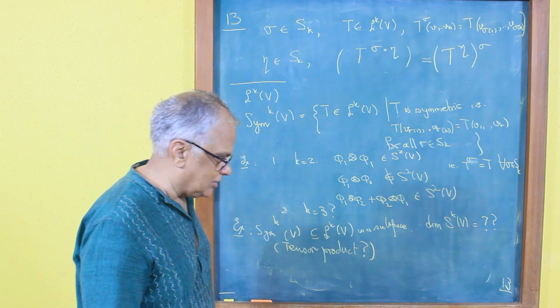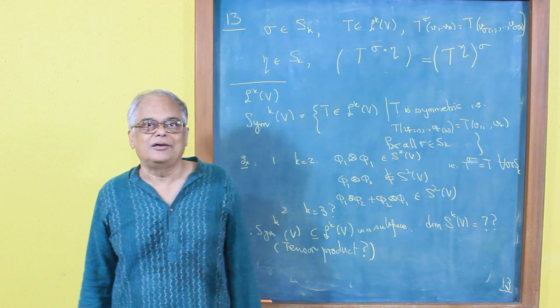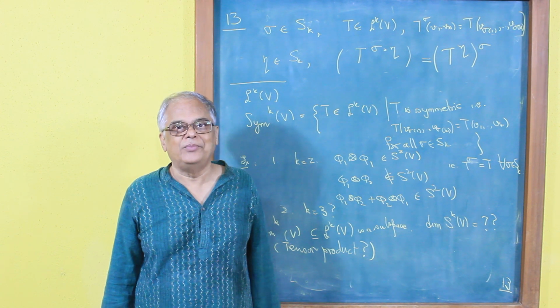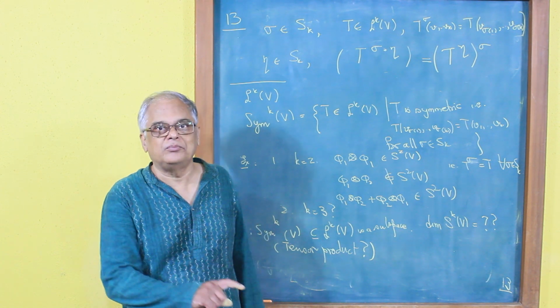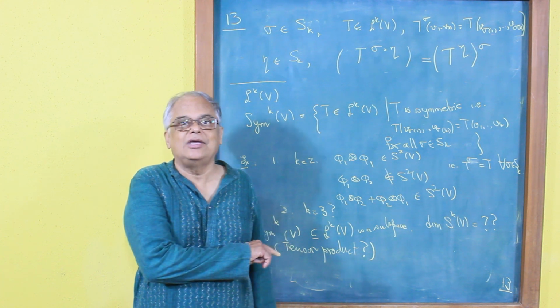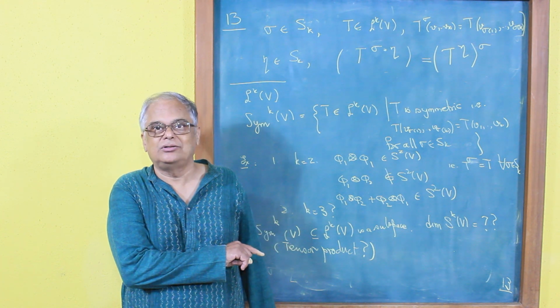And this is another very fundamental idea, that even if something does not behave very well, what is the meaning of behaving well in this context? Behaving well means invariant under the action of sigma.